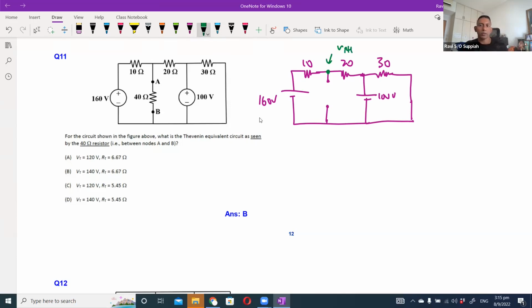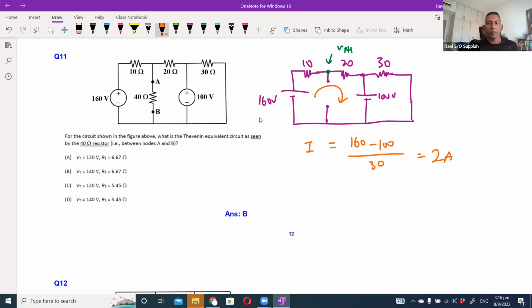So how do I find this? You can apply your KVL. By applying KVL to this loop, we can say that the current that flows would be 160 minus 100 over 30, which will be 2 ampere.